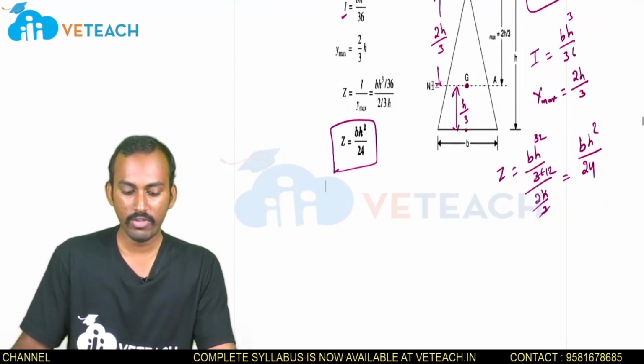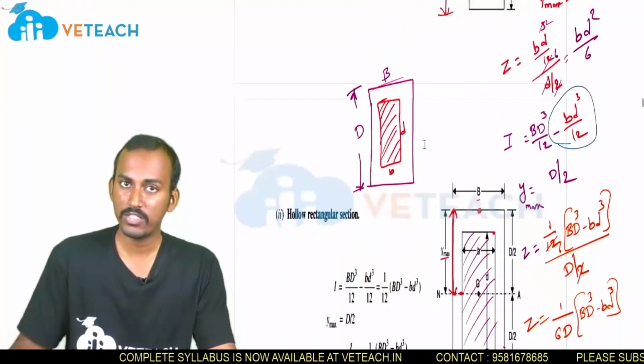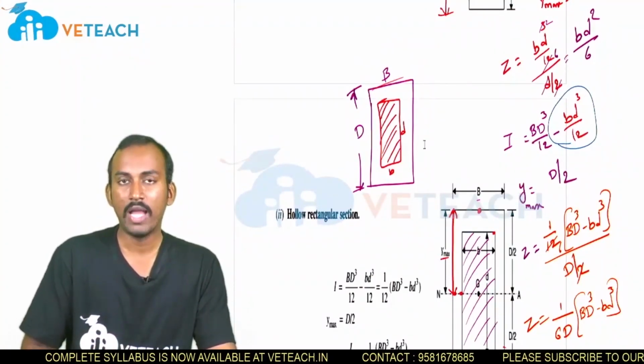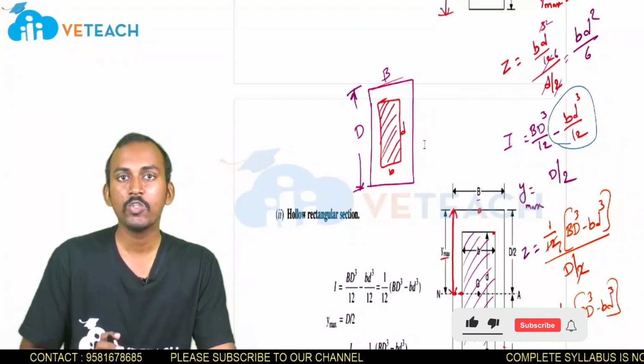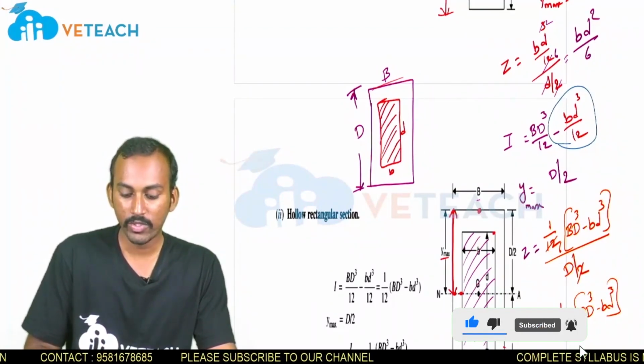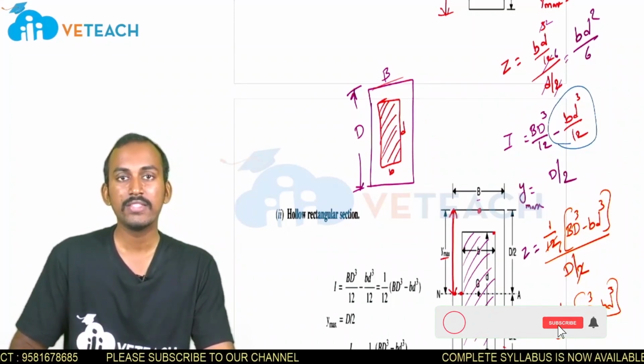This is how we have to derive the z value for various sections. If you want to know the z value, you have to know the I value and y value. The I value corresponds to the neutral axis, that means the centroid, and y maximum is from the centroid to the outermost fiber. Once you know these two values, you can calculate the z value.